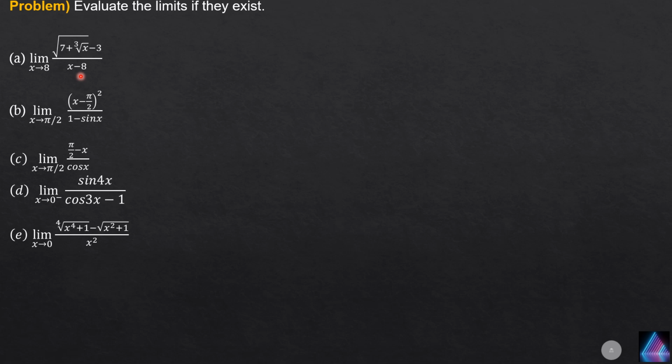So that's the idea until such time that we can get rid of the indeterminate form 0 over 0, because this is 0 over 0 if we try to evaluate the numerator and the denominator.